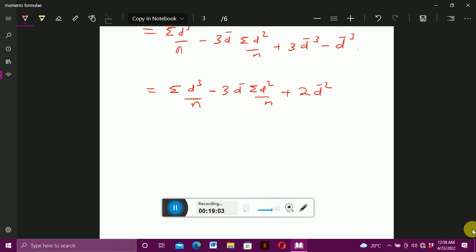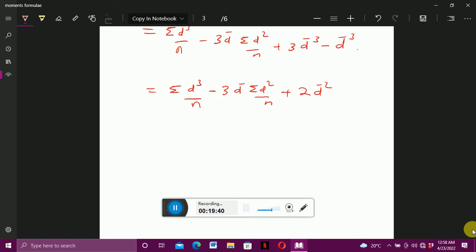We remove d bar, so this gives us sum d cubed over n minus 3 d bar, which is actually sum of d over n. Let's see how we put this together.